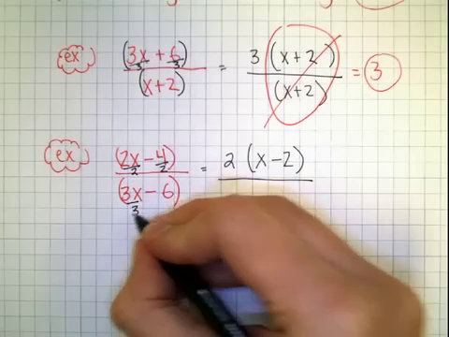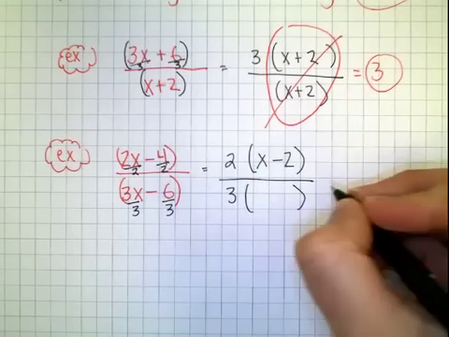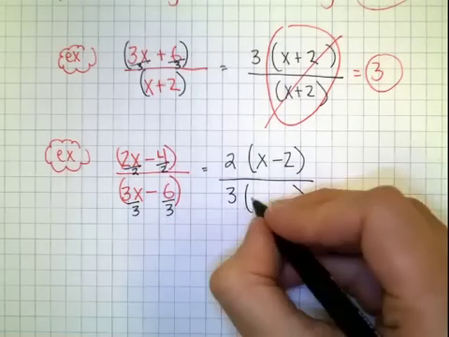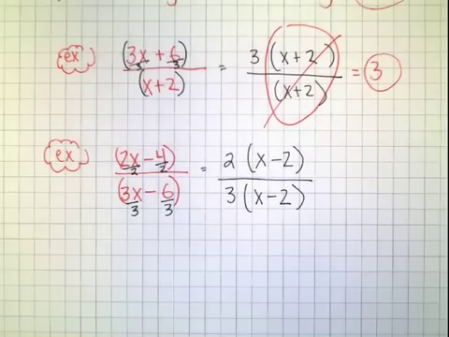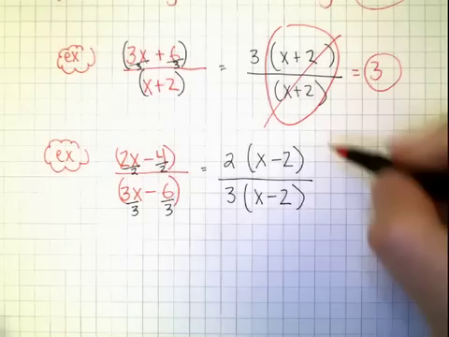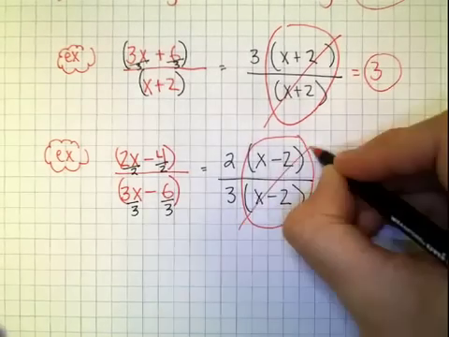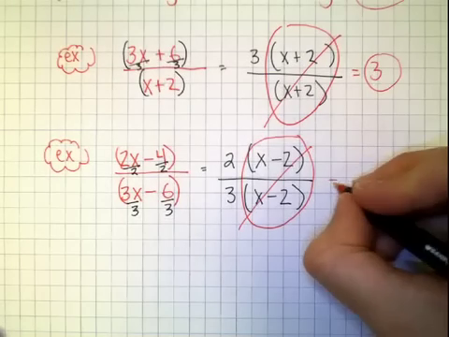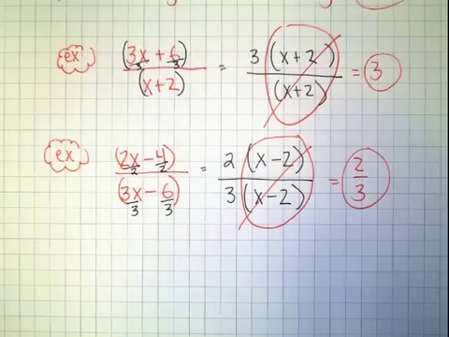I'm going to divide by 3 and divide by 3, pull the 3 out, then 3x divided by 3 is 1x, minus 6 divided by 3 is 2. And again, there it is, my power of 1, x minus 2 and x minus 2. So what's left over for my answer? 2/3, and 2/3 is my answer.